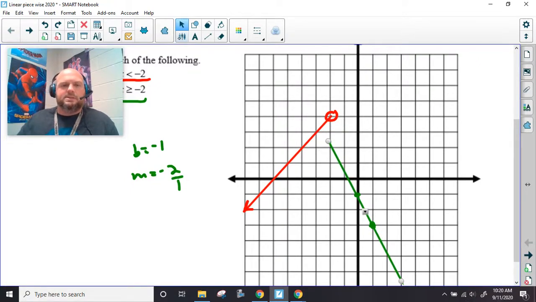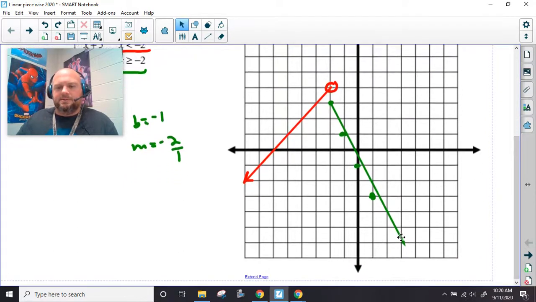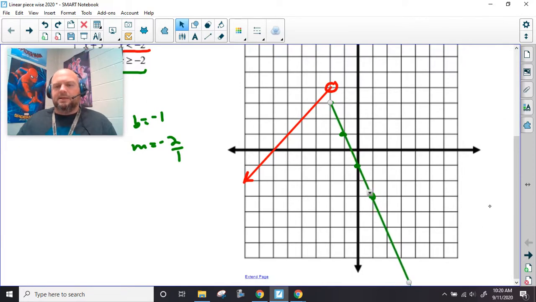This is where some people do this. They backtrack, and it kind of helps them do a straighter line. Now, because I know that this is greater than, it's got a closed circle on it. And it's just kind of like that.